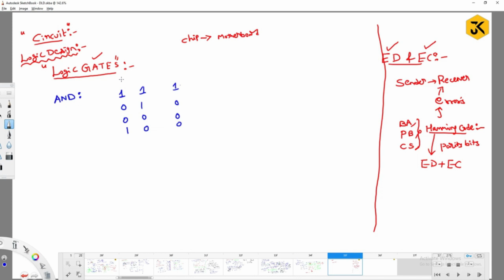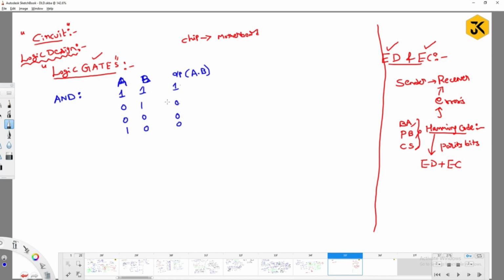Like if I take input 1, input 2, and my output. For example, instead of input 1, I can call it A, I can call it B, and the output I can consider as A dot B, simply, right? When both inputs are high, then only my result will be high.